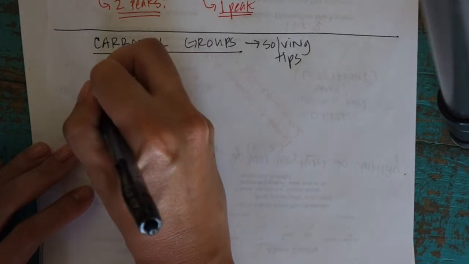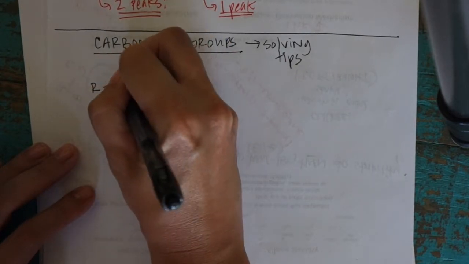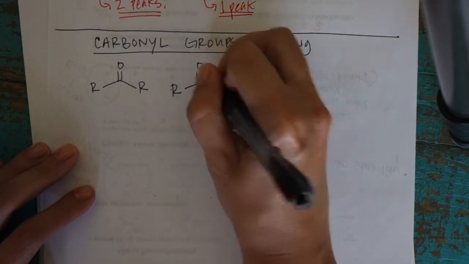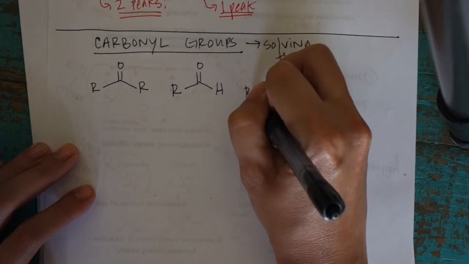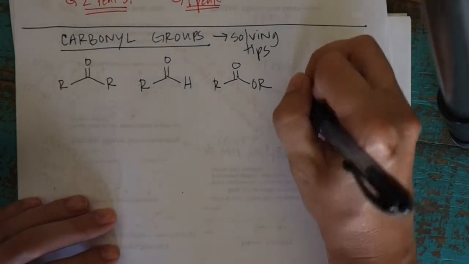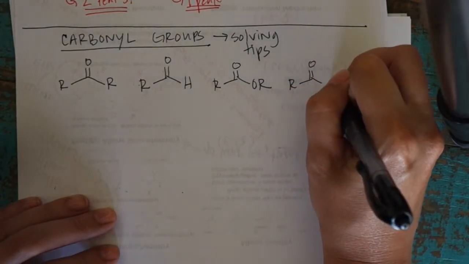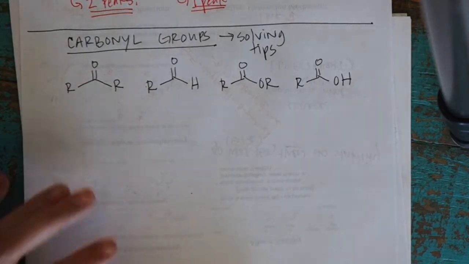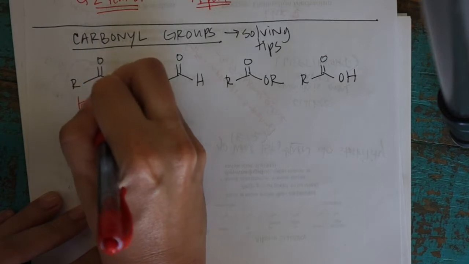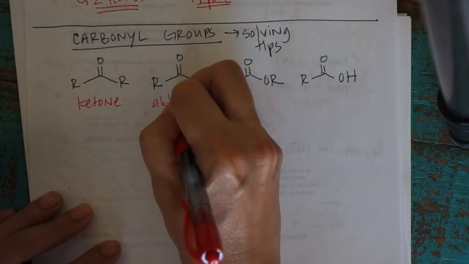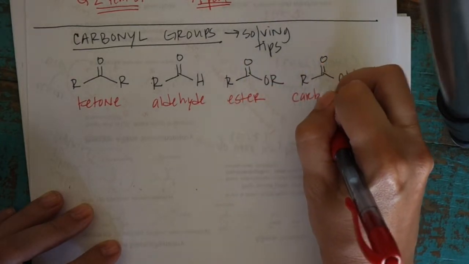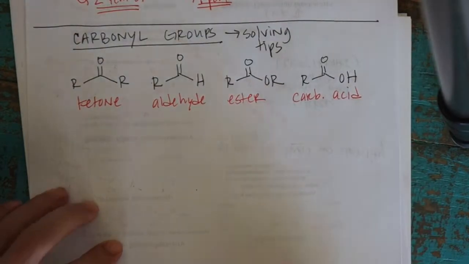And so some common functional groups are, of course, ketones, aldehydes, esters, and carboxylic acids. So those are some of the most common ones you'll see. And I'm going to abbreviate carboxylic acid.